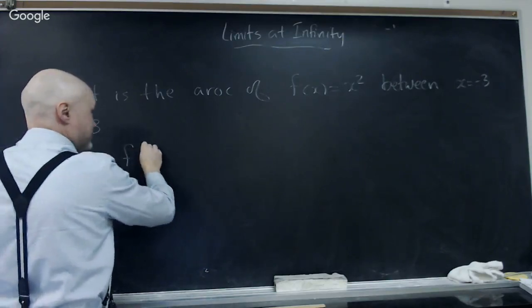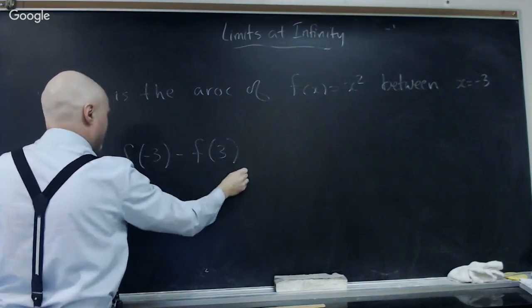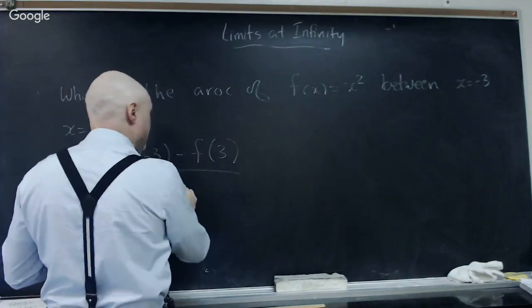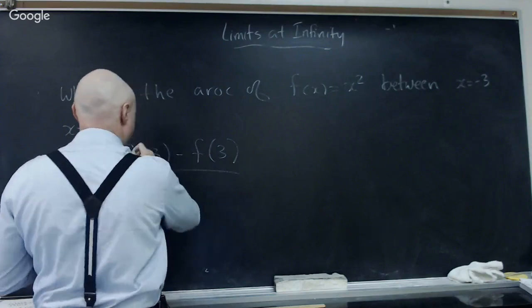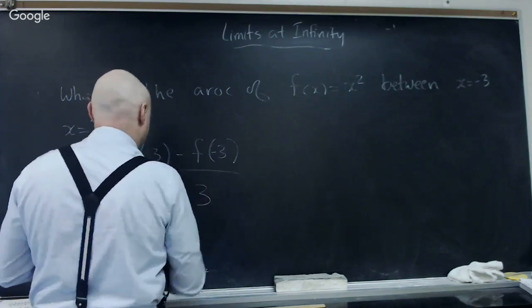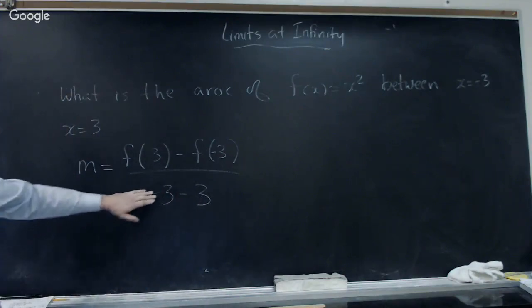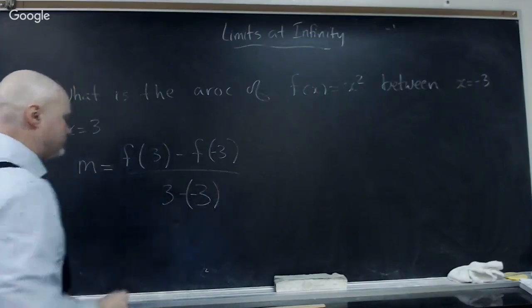And so that is f at -3 minus f at 3 all over -3 minus 3. Oh, yeah, that's right. I've got these backwards, everybody. Sorry, the second point: +3 minus -3.